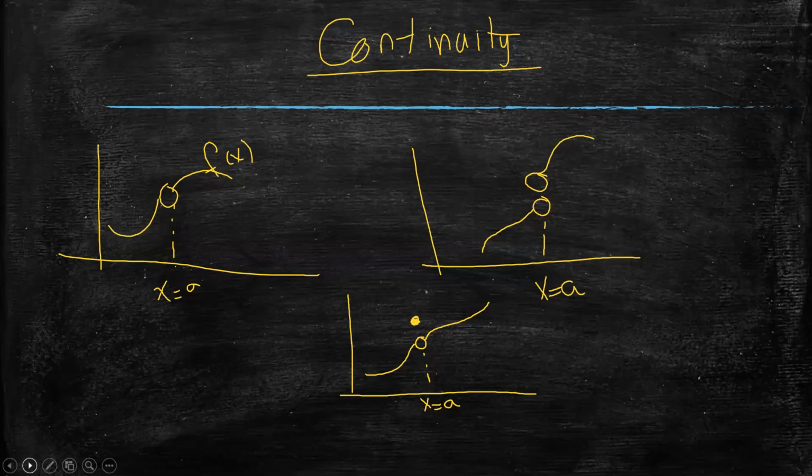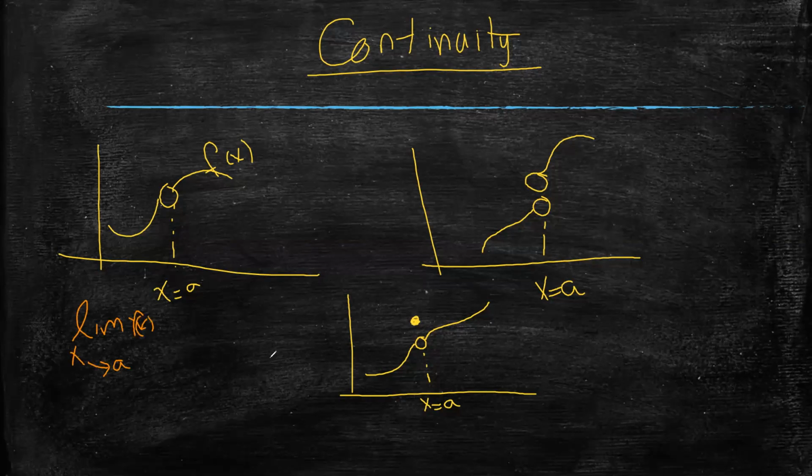Now, these three graphs here are the cases where the function is not continuous. Look at the first one. At x equal a, consider the limit of f of x when x approaches a.